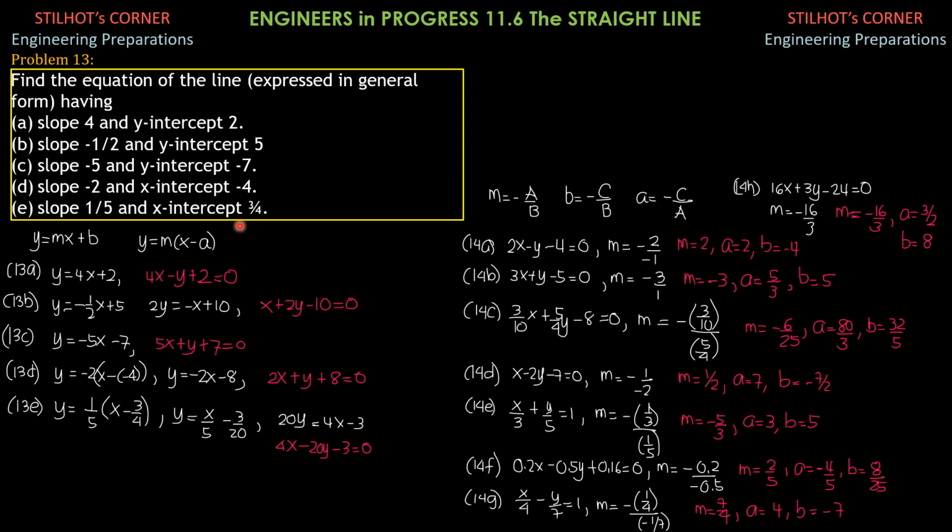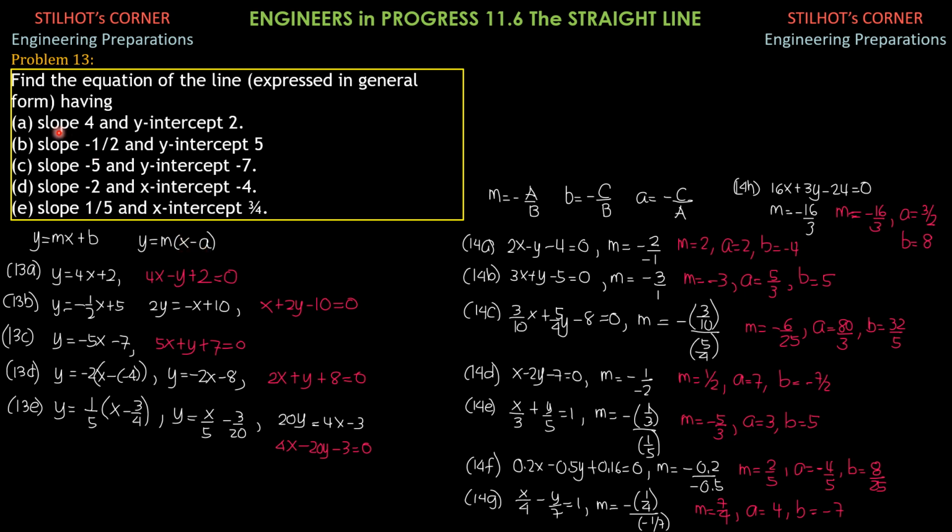So for our guide, these formulas were derived in the preceding videos. For the slope-intercept form, where b is the y-intercept, y equals mx plus b. Then in terms of the x-intercept, this is the guide formula: y equals slope times quantity x minus the x-intercept.